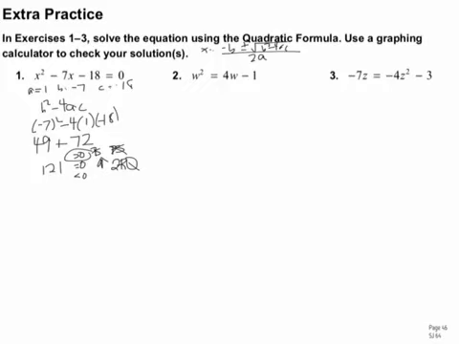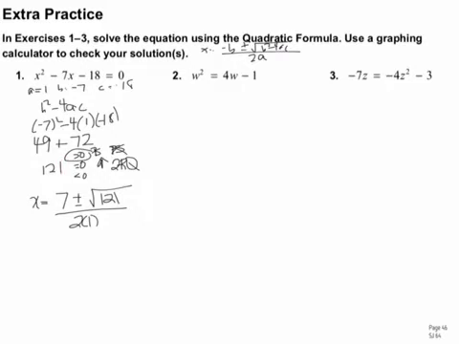So now I'm going to fill into x equals negative b plus or minus the square root of b squared minus 4ac all over 2a. If you notice, I had already done b squared minus 4ac, so I just went ahead and filled in 121.